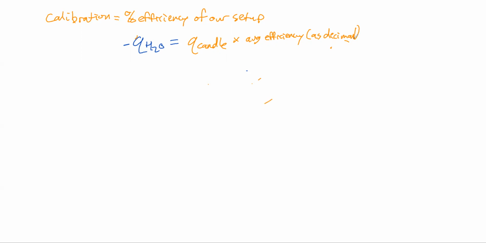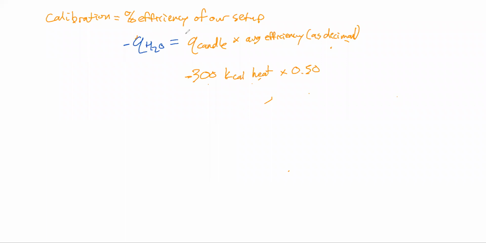So let's say that our candle produced 300 kcal heat. If only 50% of it, so 0.50, gets converted over, then our water produced, so we need to have a negative sign there.